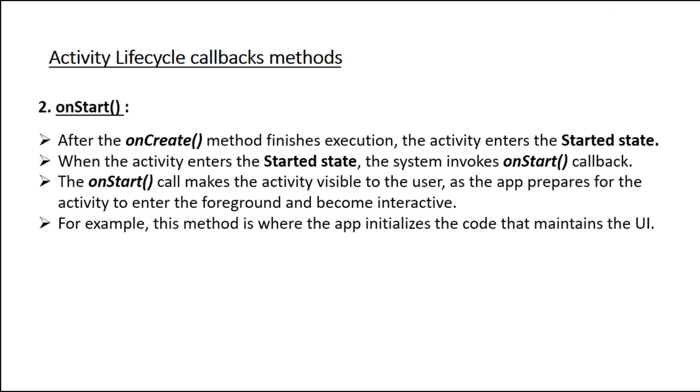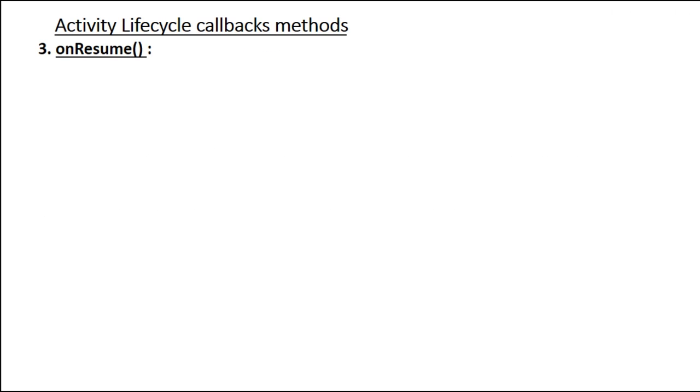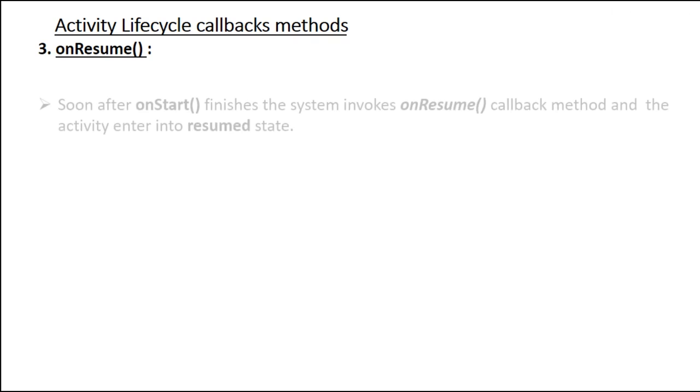For example, this method is where the app initializes the code that maintains the user interface. Within this method, you can register a broadcast receiver that monitors changes that are reflected in the user interface.